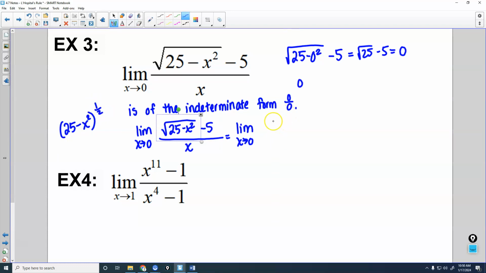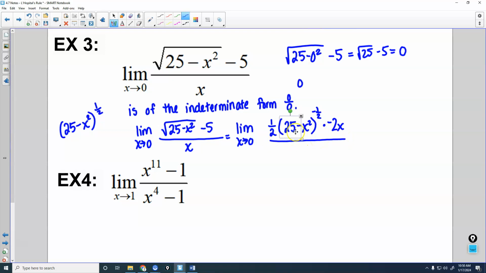Chain rule. It's going to be, what is it going to be, Jeremy? Almost. Negative 1/2 right there. You need.